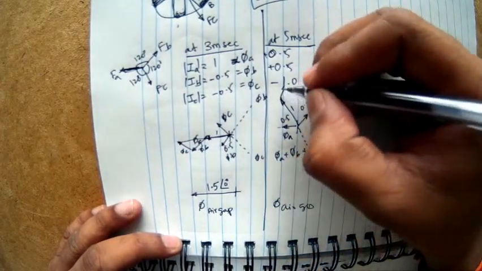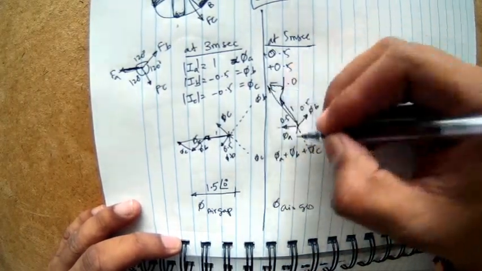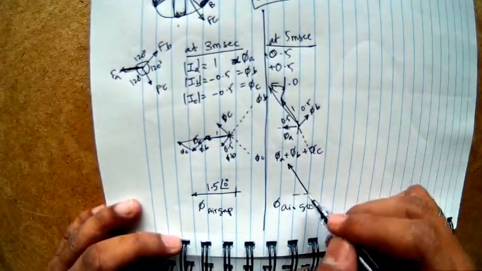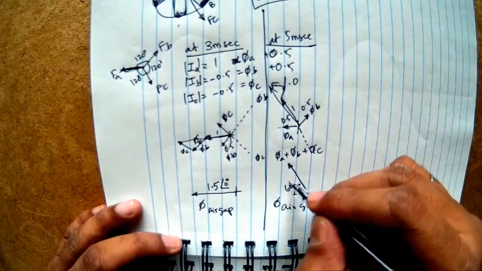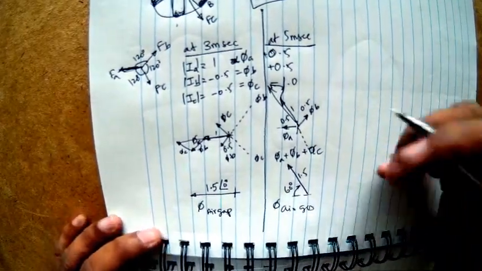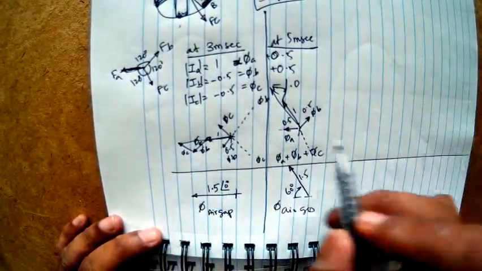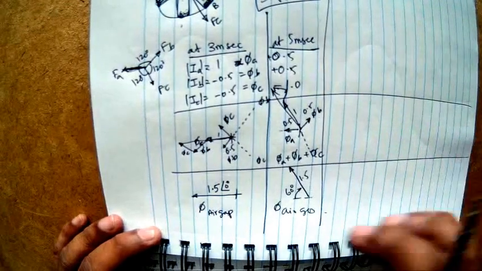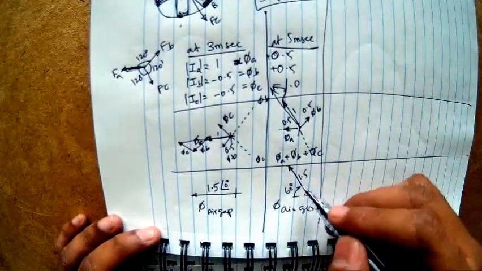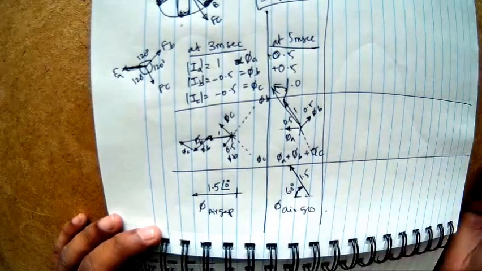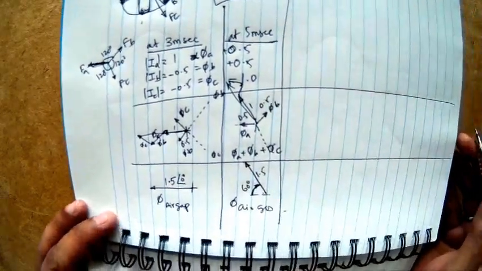What you'll notice is it has rotated by an angle of 60 degrees, and the length is still 1.5. Again, you can use trigonometric functions to calculate this. The length remains the same, 1.5 units, whereas the angle has rotated by 60 degrees in 2 milliseconds.